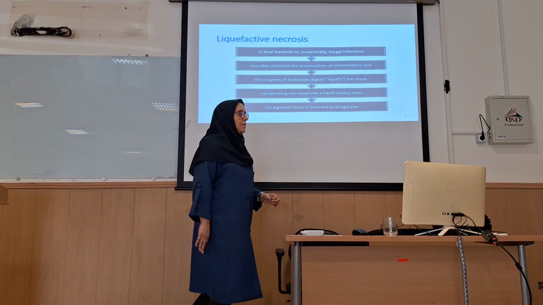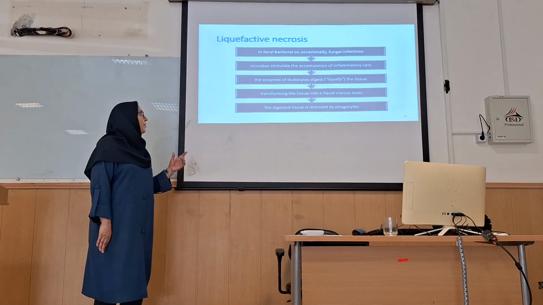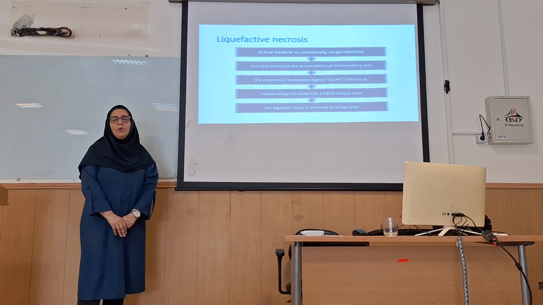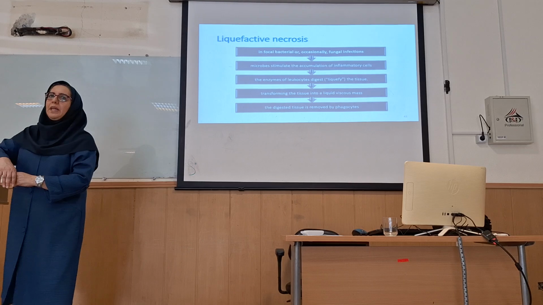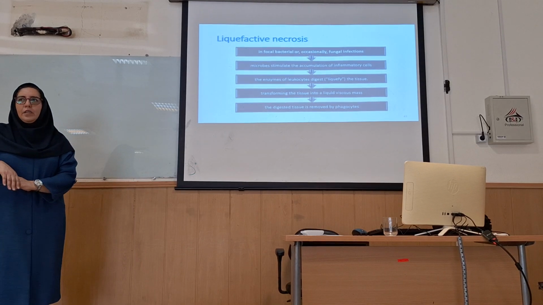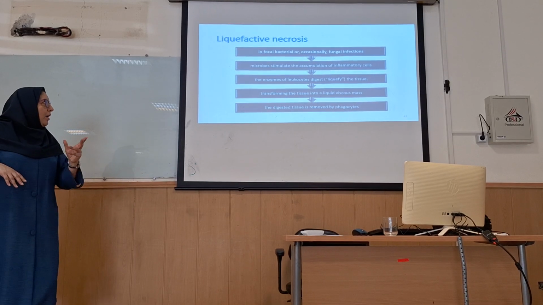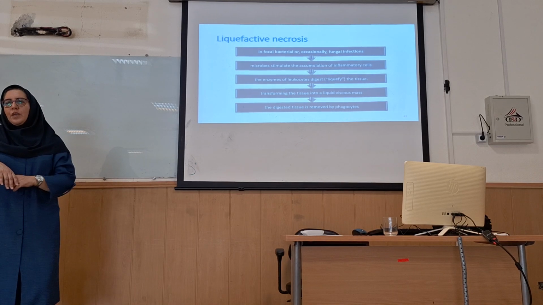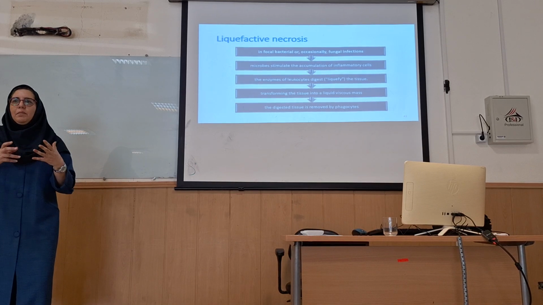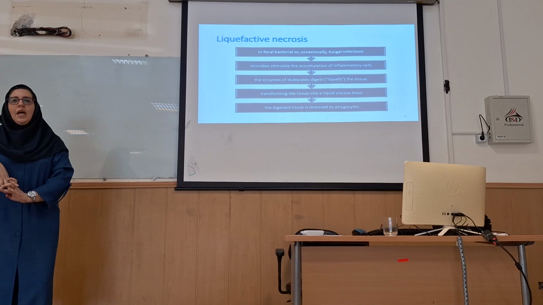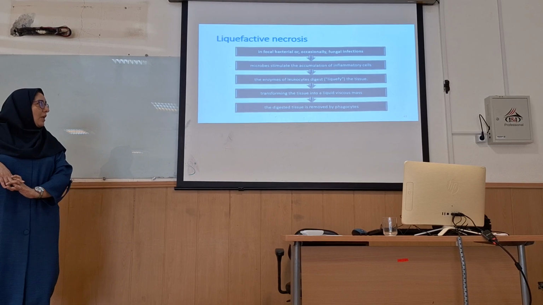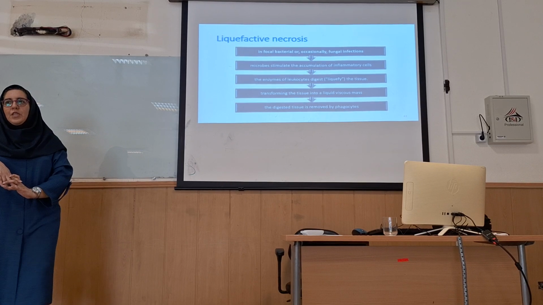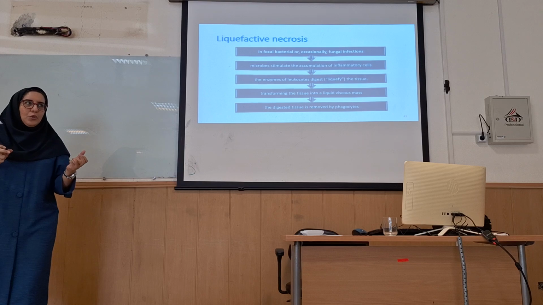So, the next pattern is liquefactive necrosis. Liquefactive necrosis occurs in bacterial infection, fungal infection, and a few parasitic infections. Because in microbial infection, we have accumulation of many inflammatory cells and enzymatic activation, and enzymatic activation liquefies the tissue.